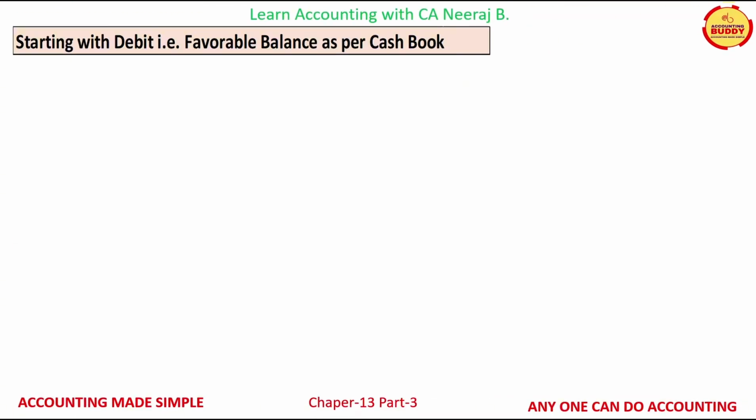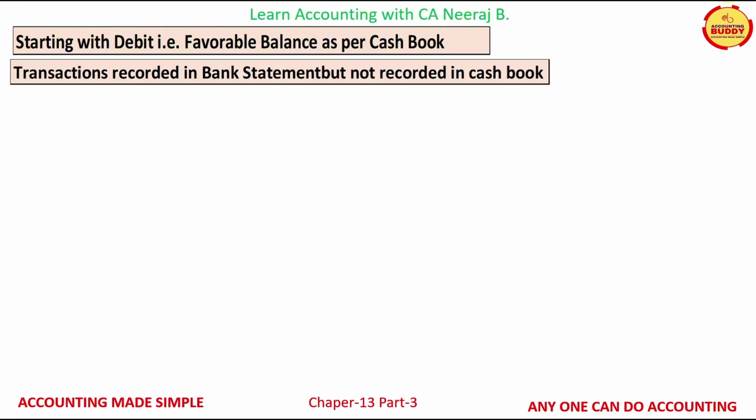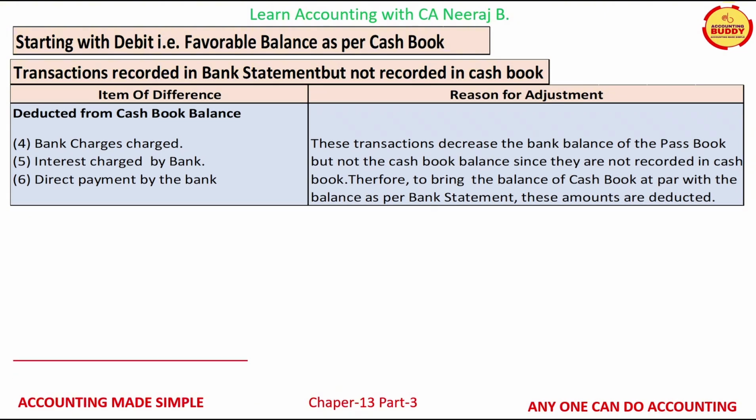In this slide, we will learn the process of the bank reconciliation statement when we start with the debit balance of the cash book and unmatched transactions which are recorded only in the bank statement but not recorded in the cash book. These items of difference need to be deducted from the cash book balance.